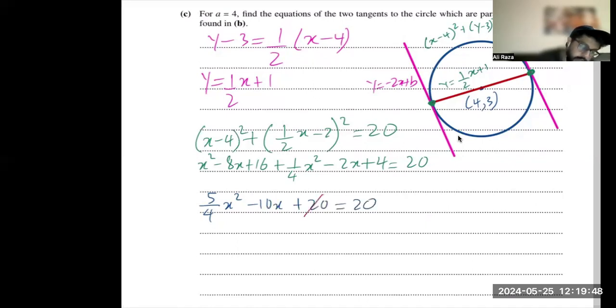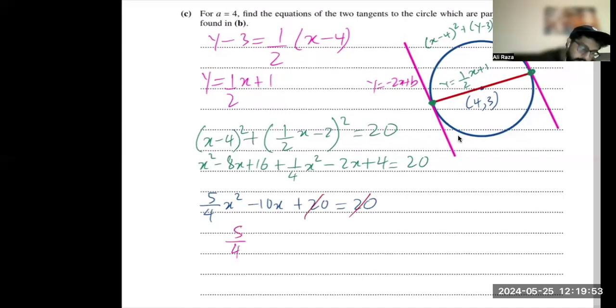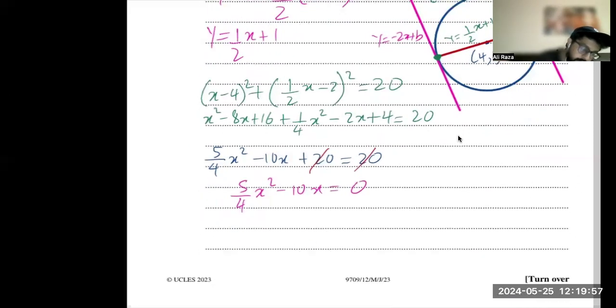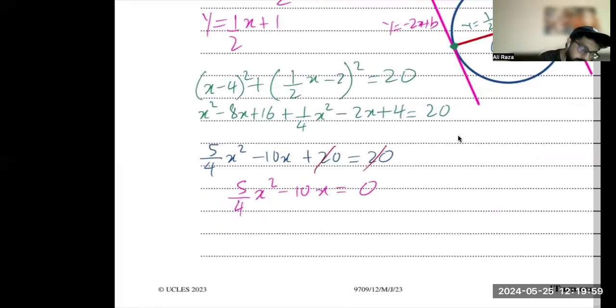We cancel out these 20s on both sides. 5 over 4 x square minus 10x is equal to 0. 5x square minus 40x is equal to 0 after taking the LCM.